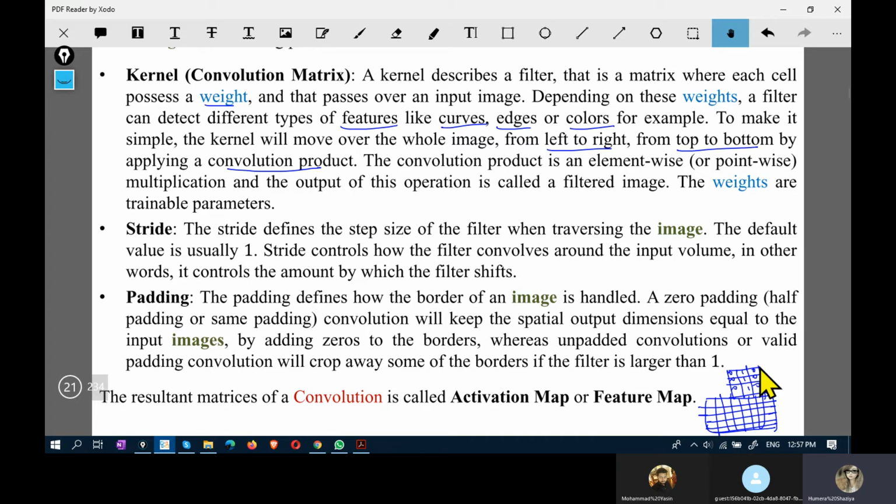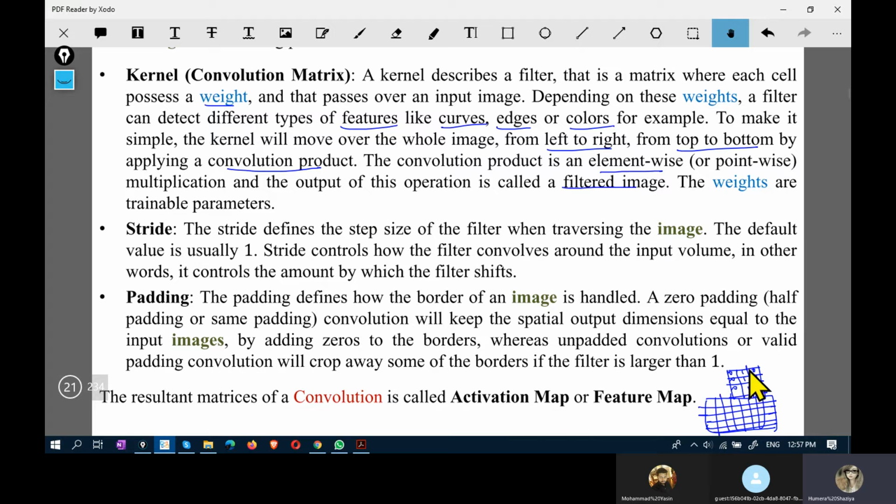Convolution operation, which in this context means dot multiplication. The convolution product is an element wise multiplication, and the output is known as the filtered image. And whatever values are there in this kernel or filter, these are trainable parameters, known as weights.